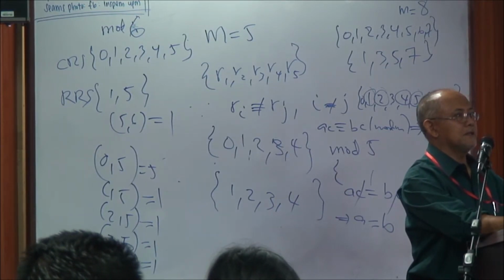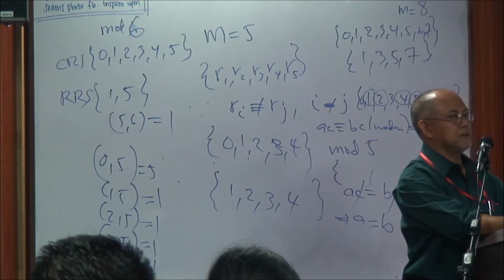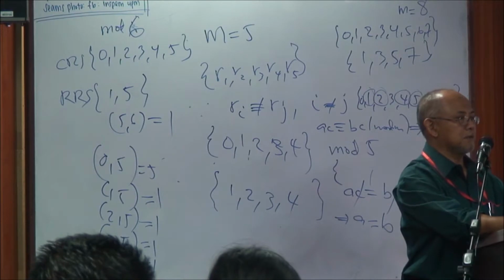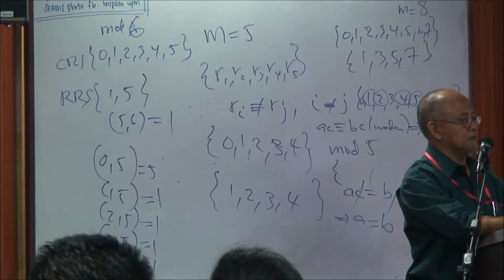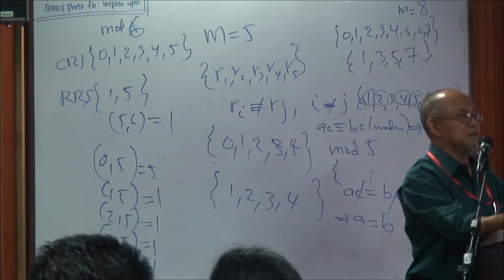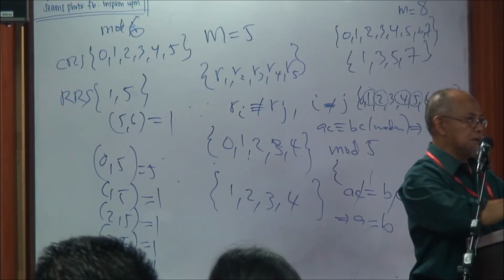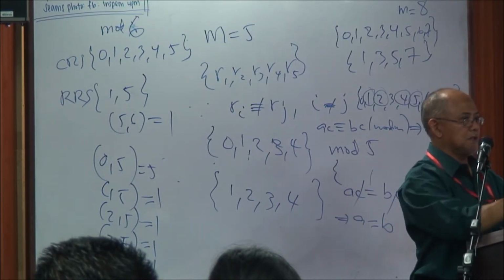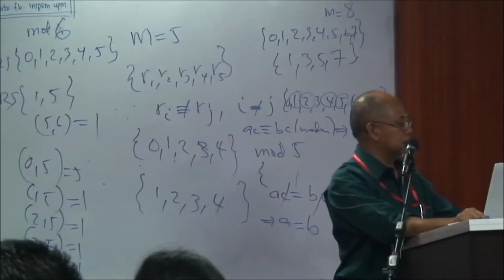you cannot. You can find some example that doesn't satisfy the condition, meaning that you have AC and BC congruent mod M, but if you cancel out C, it doesn't hold anymore.